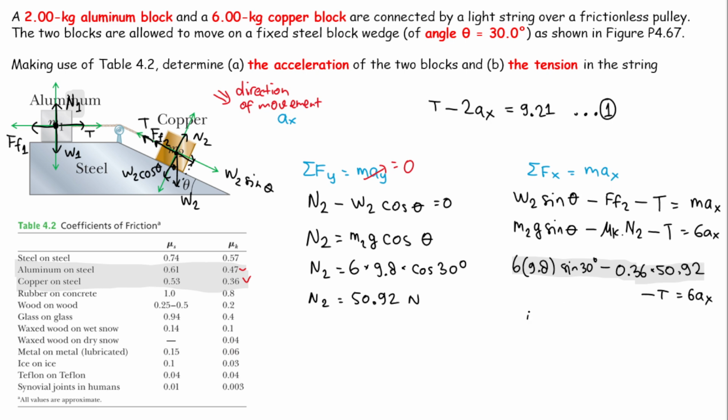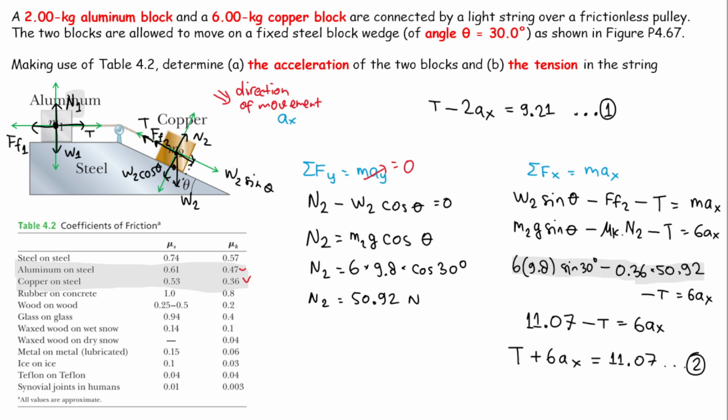Okay, so I will have 11.07 here. And then we will have minus T is equal to 6AX. Good. And now we can just use rearrangement here. So I will have T and then plus 6AX, and then we will have 11.07. Okay, we have equation number 2.